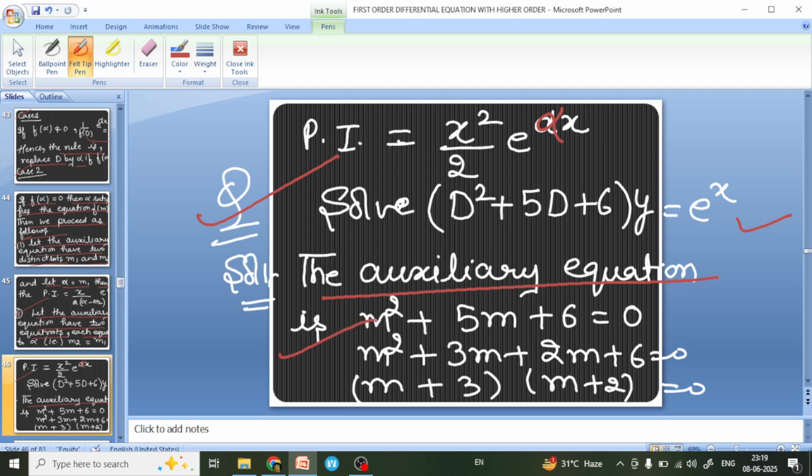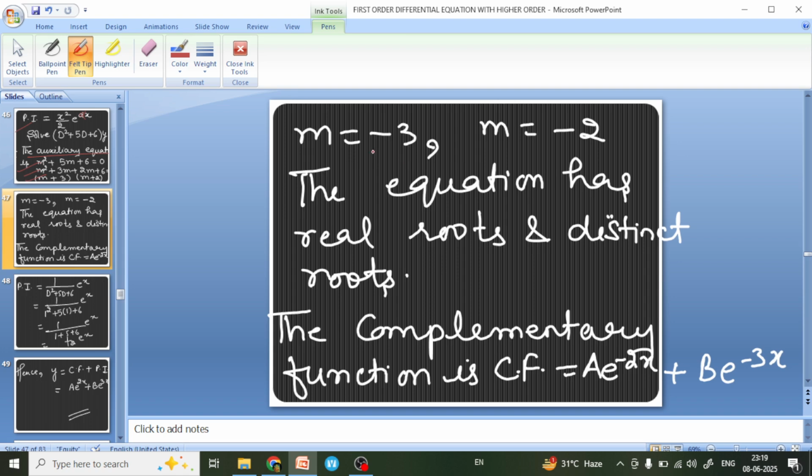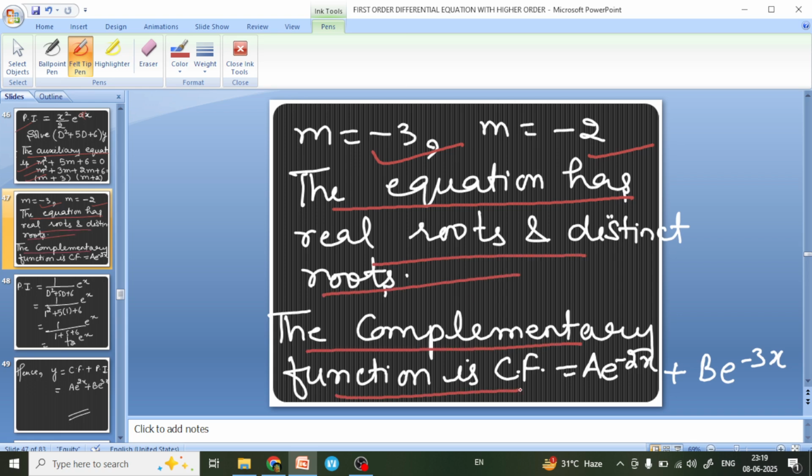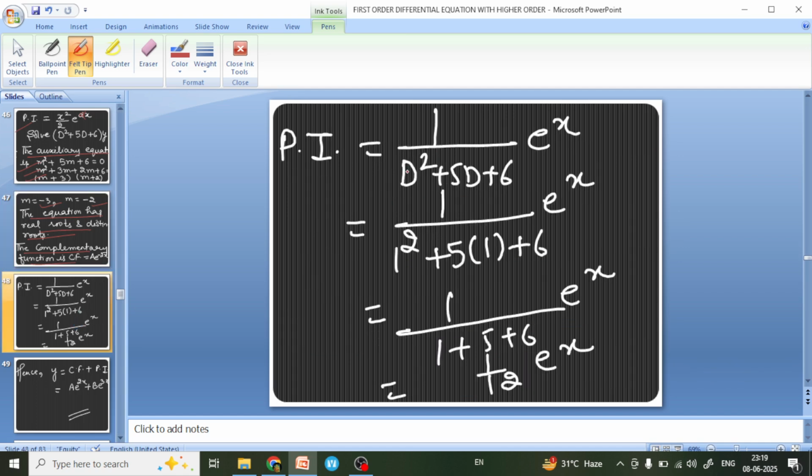When we solve this equation by the factorization method, we find m is equal to minus 3 and m is equal to minus 2, both real and distinct roots, and the complementary function of this is a e raised to power minus 2x plus b e raised to power minus 3x. PI is equal to 1 over f of (D square plus 5D plus 6) e raised to power x, and here we will replace D by 1.